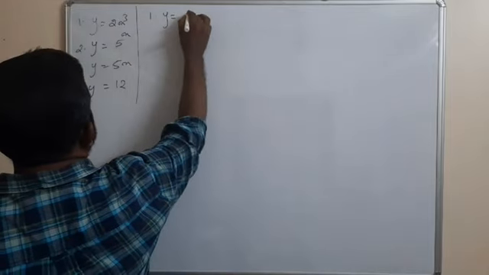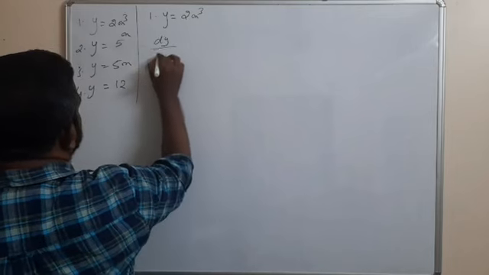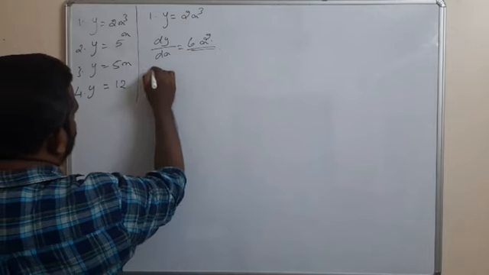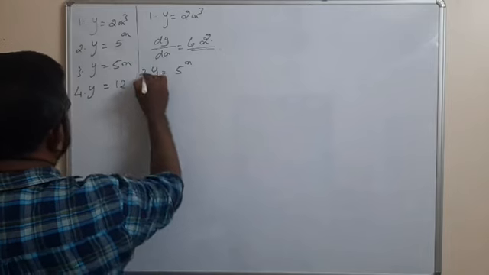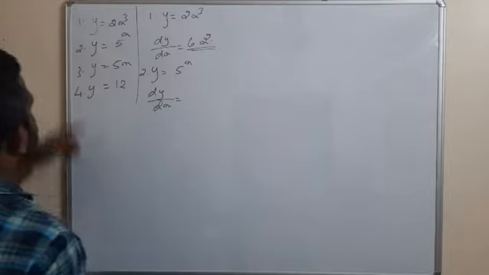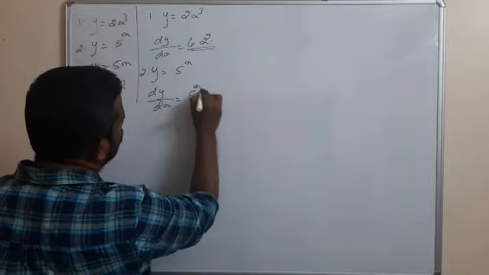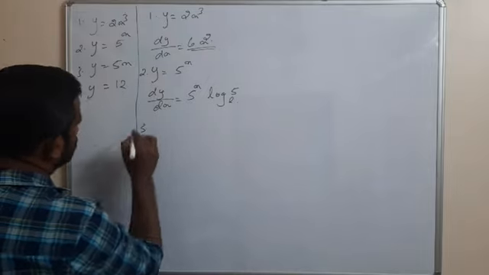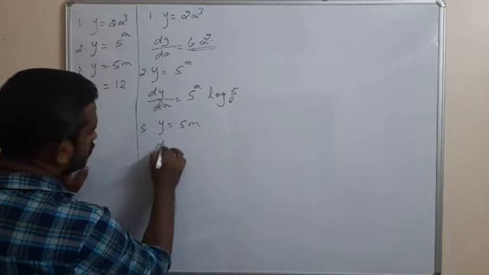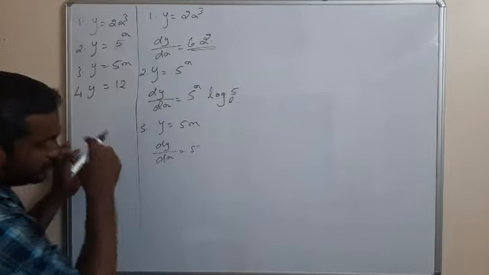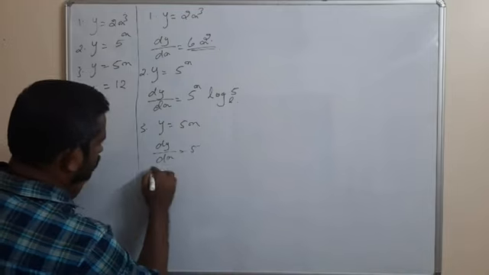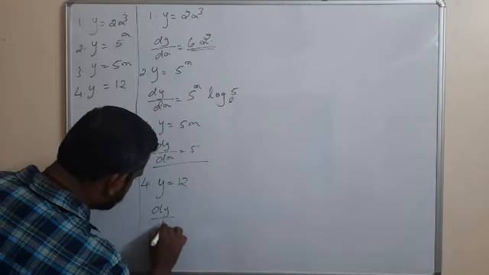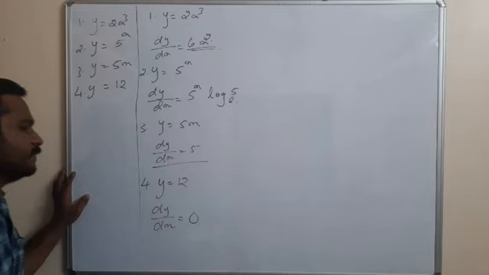First, y is equal to 2x cube, dy by dx equal to 2 into 3, 6x square. y is equal to 5 power x, this is of the form a power x, so dy by dx is 5 power x log 5 to the base e. y is equal to 5x, dy by dx equal to 5 into 1, the differentiation of x is 1, so 5. y is equal to 12, dy by dx equal to differentiation of a constant, that is 0.